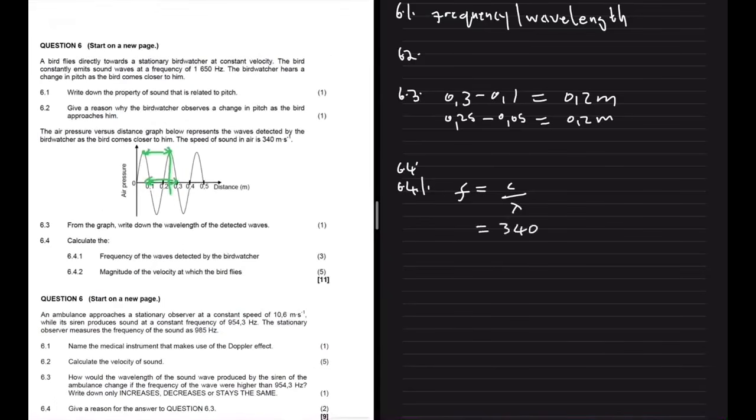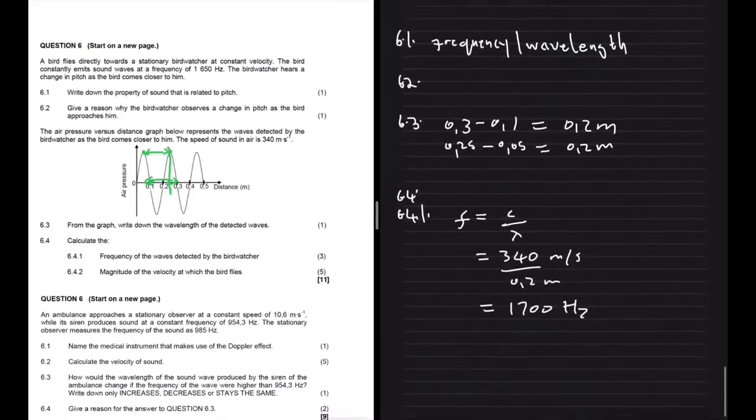We're going to have 340 meters per second divided by 0.2 meters. Let me go ahead and put that in the calculator. 340 divided by 0.2 gives us 1,700.